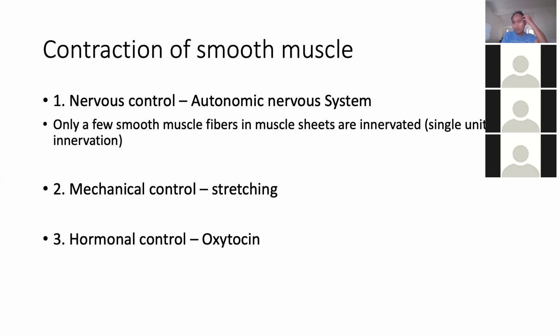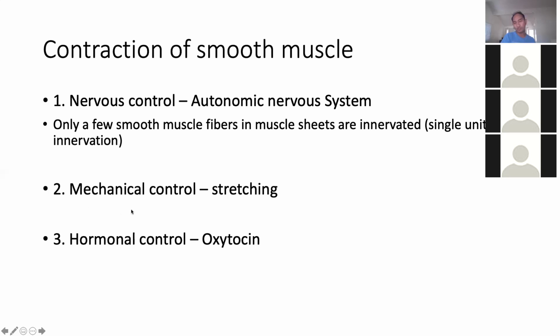Yes, our conscious mind can control this autonomic nervous system to a good extent, but even if we do not influence the autonomic nervous system, they will keep doing it for us. So single unit innervation, that's what I say. I will explain that in the next slide.